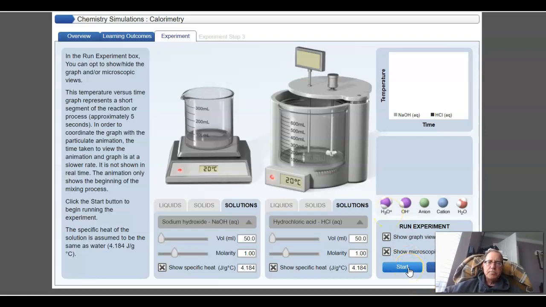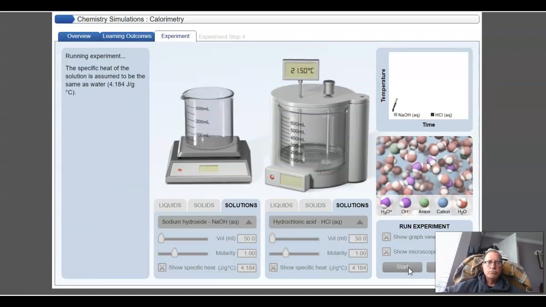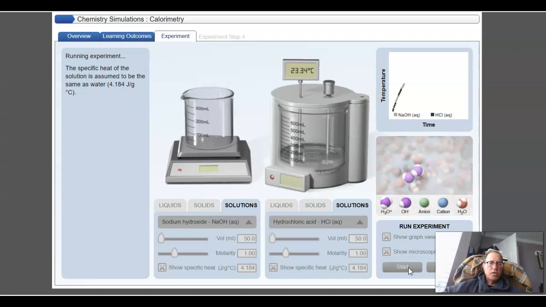We got our initial temperatures, 20, 20. We got our molarity, volume, good. So I'll hit start. And I'll wait until it levels off.